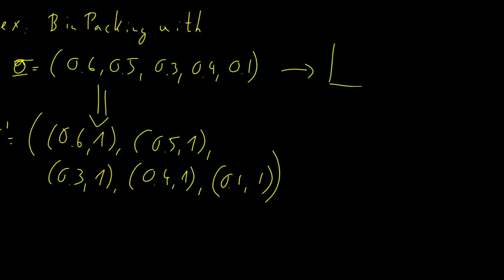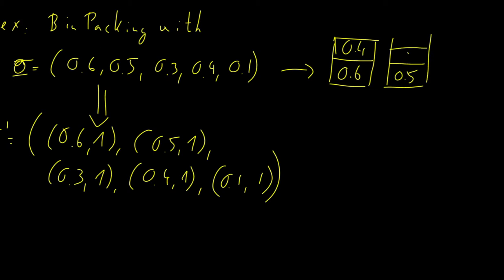bin packing of, say, let's just push the 0.6 here and the 0.4 there, so that's one bin in the classical case, and then you are just pushing the 0.5 into one of those bins and the 0.3 as well and the 0.1, yeah, that still fits, so it's 0.9.